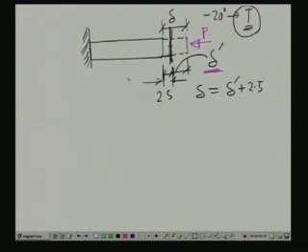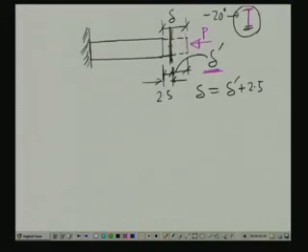This stress is to be limited to 35 MPa, and under that consideration we will have to find out what is the value of capital T, so that the stress level is exactly 35 MPa.